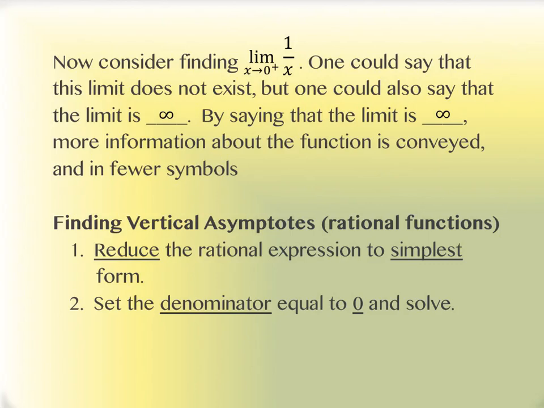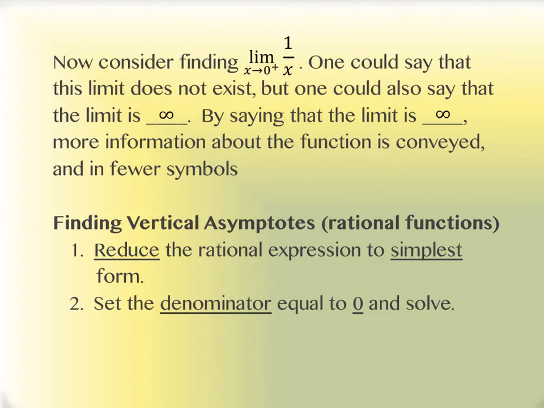You've been doing that with limits, not for the purpose of finding asymptotes, but in the last section for saying it was discontinuous at certain places. You simplify something and look at the denominator to find out what you can't have in the denominator. So setting the denominator equal to 0 and solving gives us a vertical asymptote.